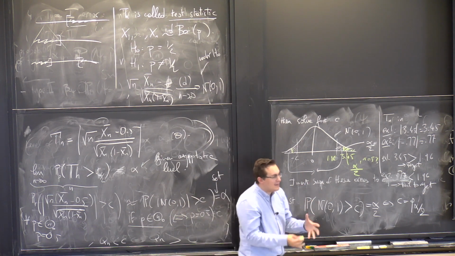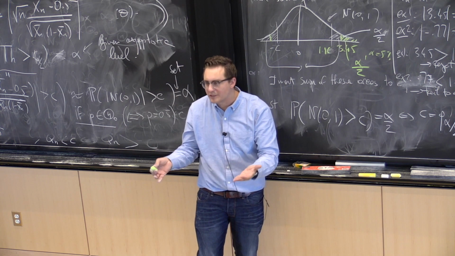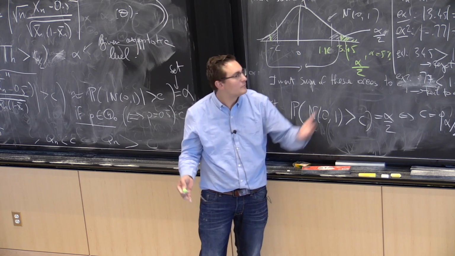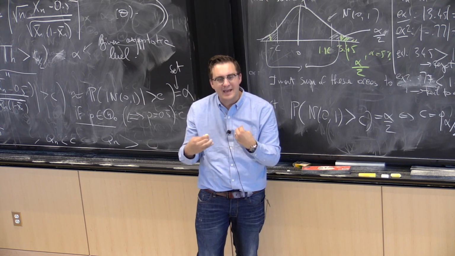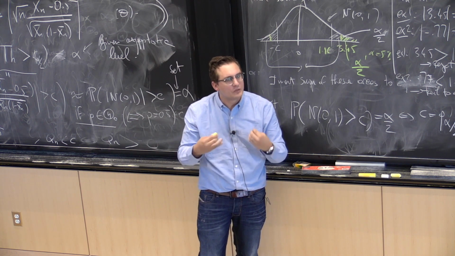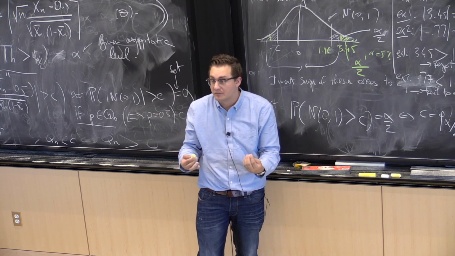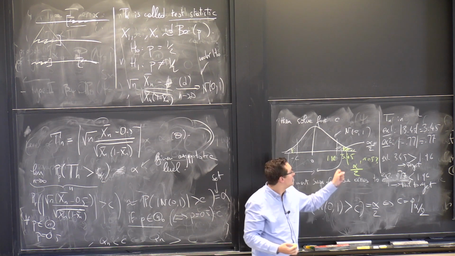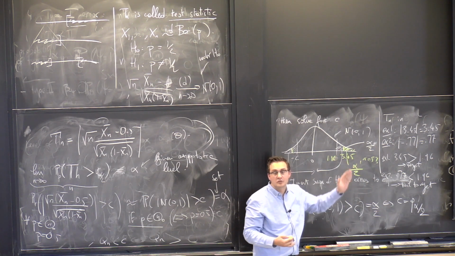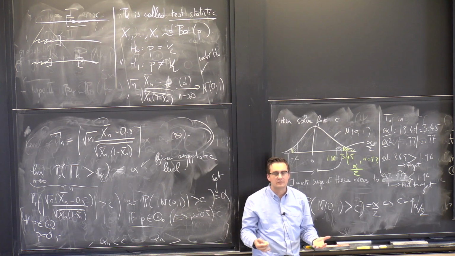So in terms of absolute thresholds, 3.45 is the trivial answer to the question. That's the tipping point, because I'm comparing a number to 3.45. But if I map this back and ask what level would have given me this particular tipping point, that's a number between 0 and 1. The smaller the number, the larger this number here, which means the more evidence I have in my data against H0.